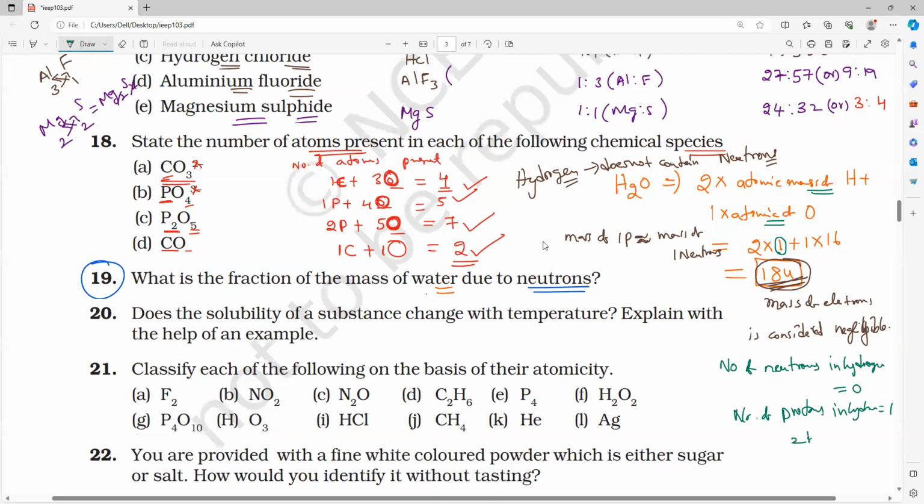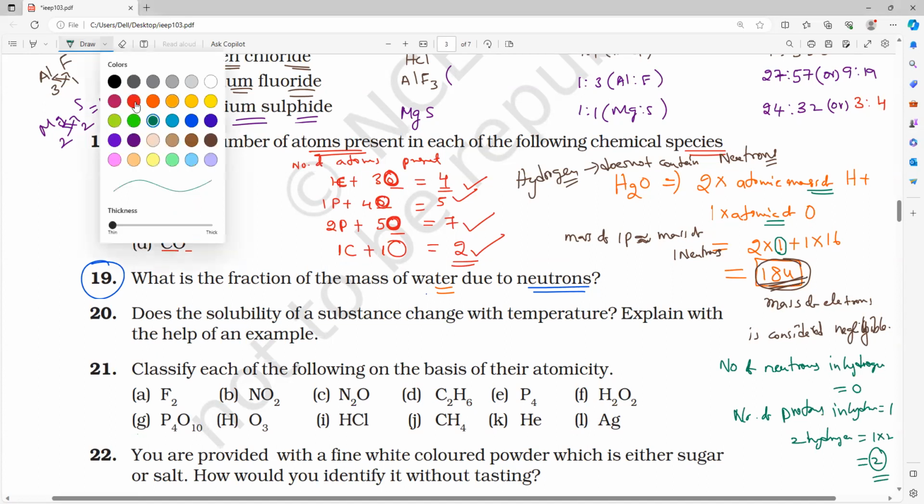So with 2 hydrogen atoms, 1 into 2 gives a total of 2 protons. Jayan, basic hydrogen does not have a neutron. Only proton it has.